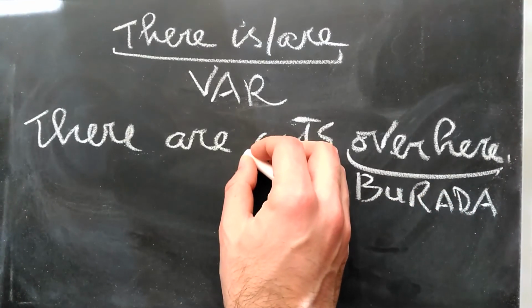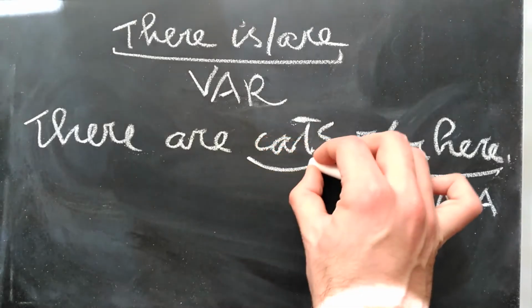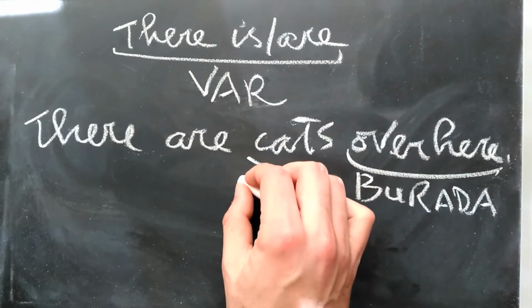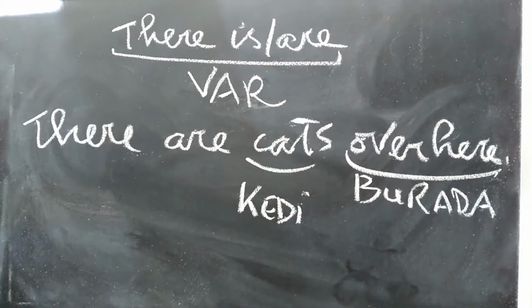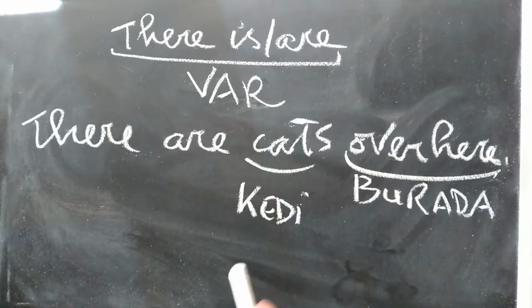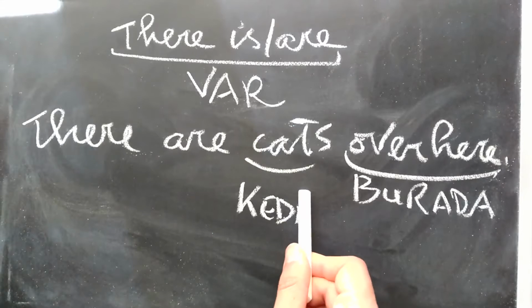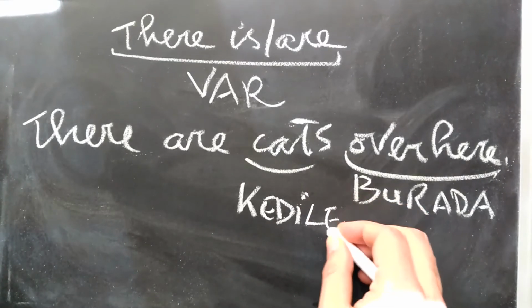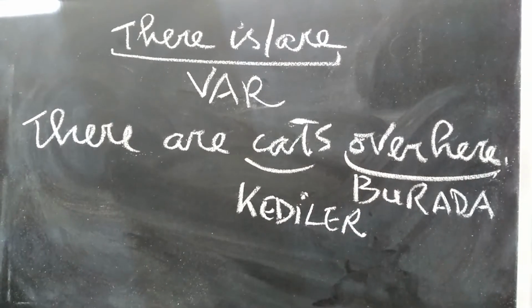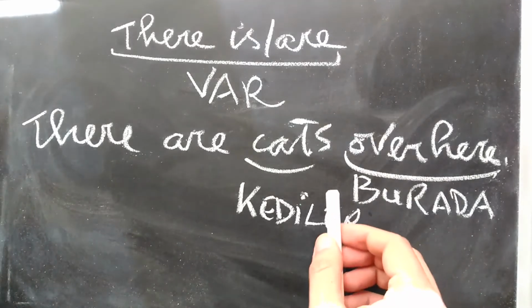So we'll need the word cat now. Cat is kedi. But we need to say cats. So how do I make it plural? If you remember, this has a dotted vowel. So cats in Turkish is kediler.